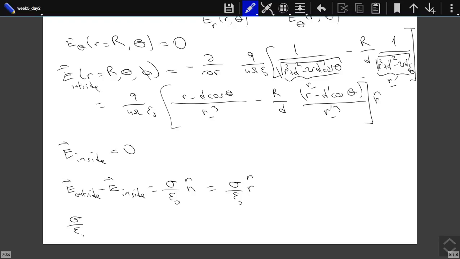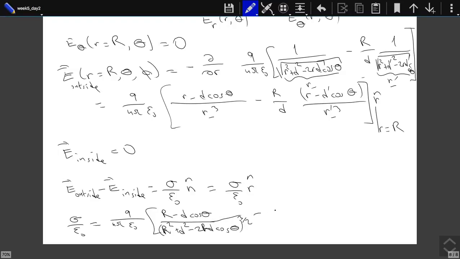So sigma over epsilon 0, if we write it out explicitly, is q over 4 pi epsilon 0, r minus d cosine theta, divided by r squared plus d squared minus 2 r d cosine theta to the power 3 halves, minus R over d, 1 over r squared plus d prime squared minus twice r d prime cosine theta to the power 3 halves.